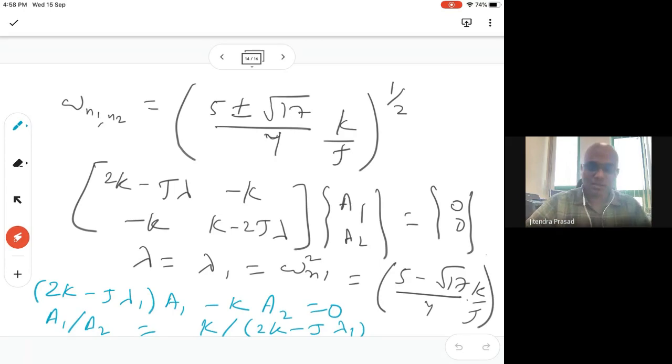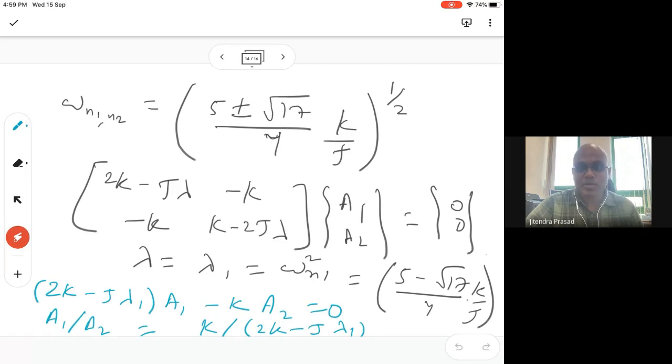But here the idea is to find the lambda, put the lambda in and find the eigenvectors, and the ratio A1 over A2 will tell you what it will do. And that ratio is a function of lambda. Depending on lambda, it will be positive or negative, or more than one or less than one, or whatever value.